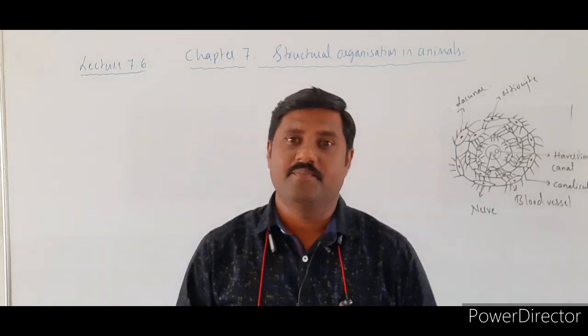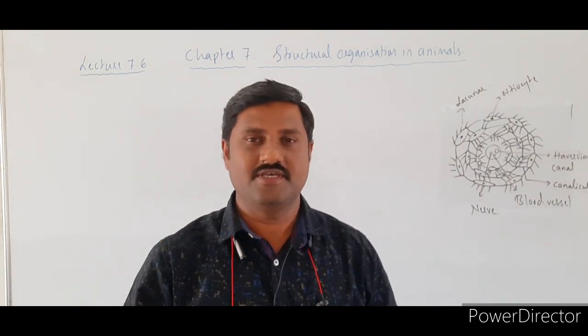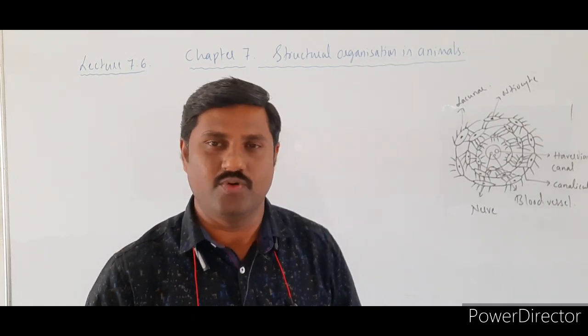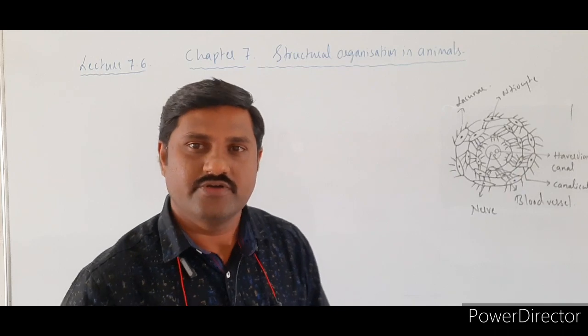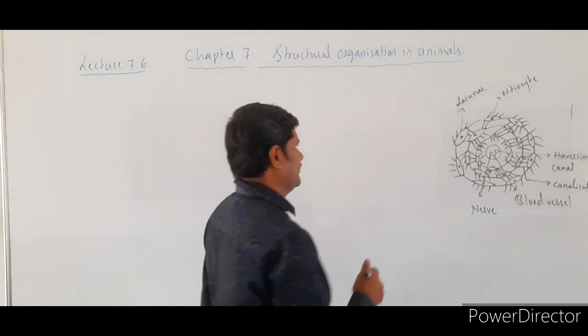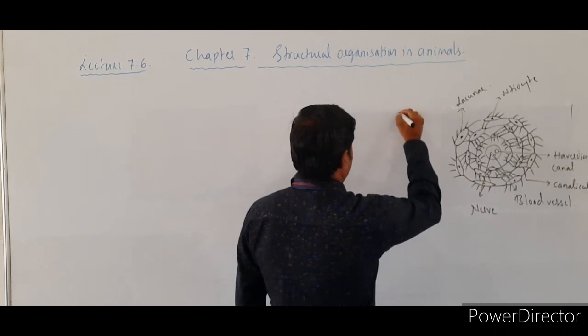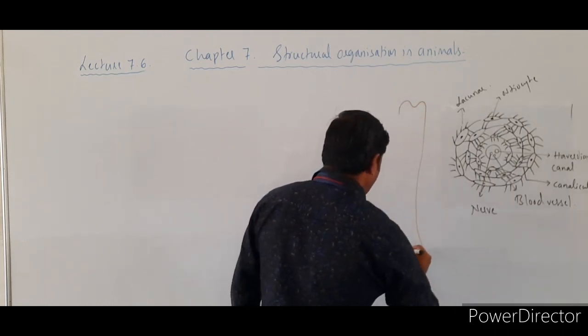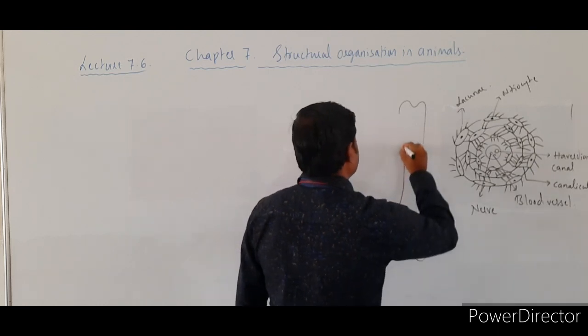Many such Haversian systems we come across in the mammalian bone, especially the long bone we consider. Yesterday I had drawn the diagram of the bone itself. It is usually broader towards the end and narrow towards the center.